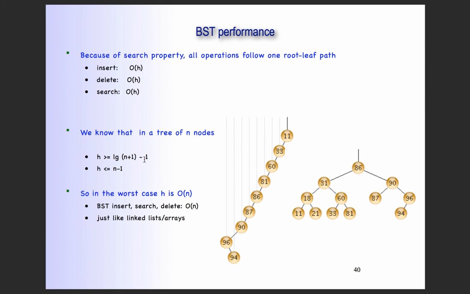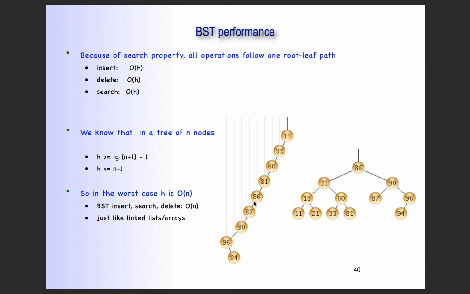So far we have seen that insertion, deletion, and search all have big O(h) complexity. We know the tree has n nodes, and the height can be n minus 1, or it can be about log(n+1) minus 1. How could this be possible? Our tree can be something like 11, 33, 60, 81, 86.